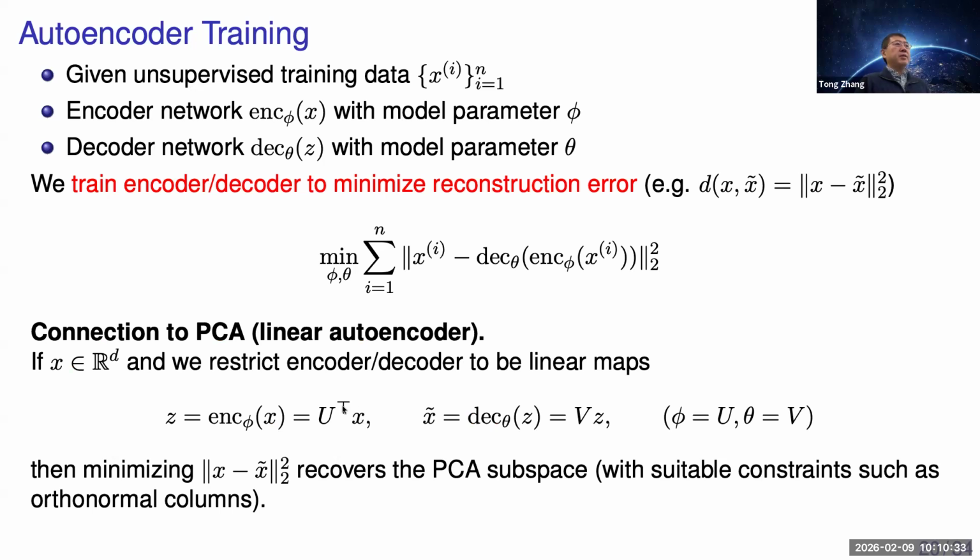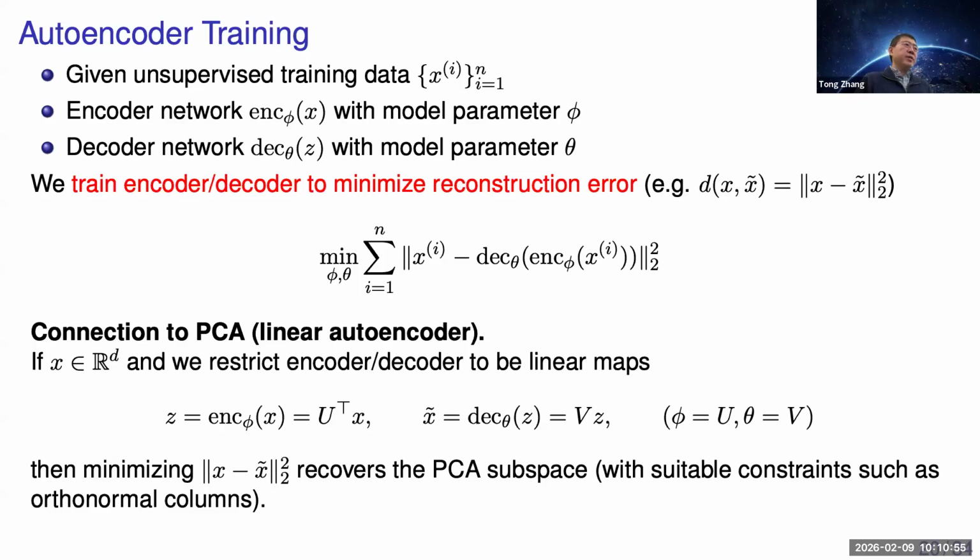Let's say this is a D dimension. Z is M dimension. M is much smaller than D, right? So this mapping is linear and the output is linear. So this will give you something like PCA, right?